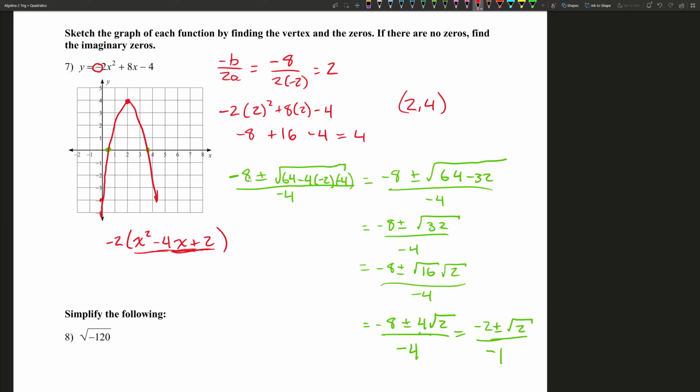And we don't have any factors of 2 that add up to negative 4. That's why I stopped foiling, or factoring. I couldn't factor it fast.